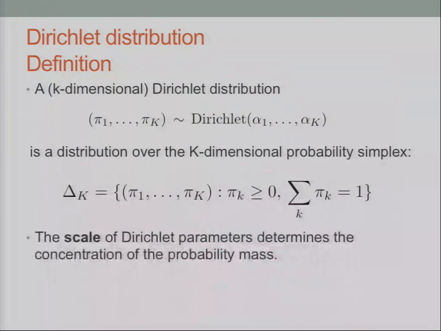The entries of this vector are non-negative, and they sum to 1. I use this to denote the k-dimensional probability simplex. The scale of the Dirichlet parameters, these alphas, determines the concentration of the probability mass on the probability simplex.